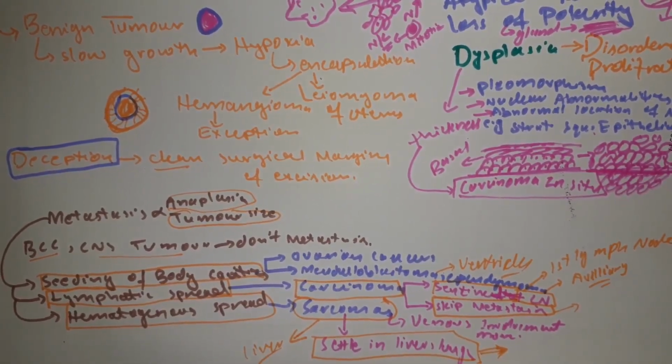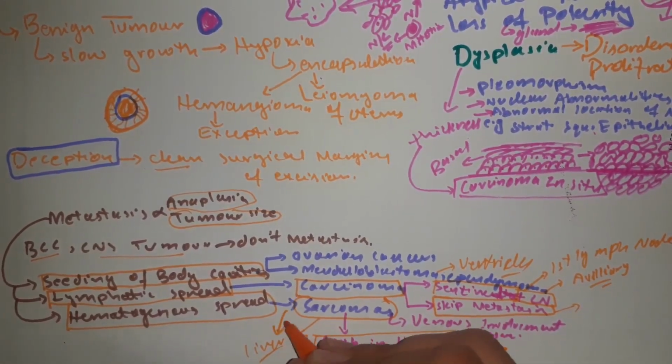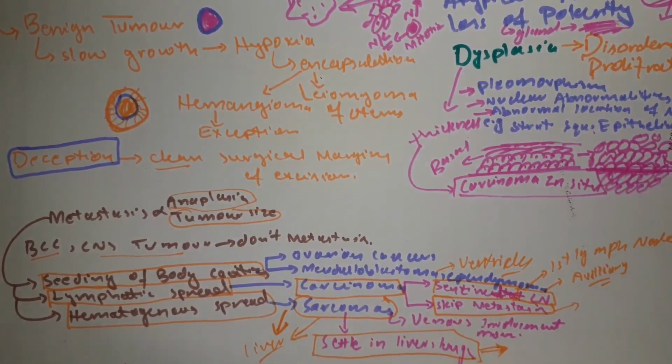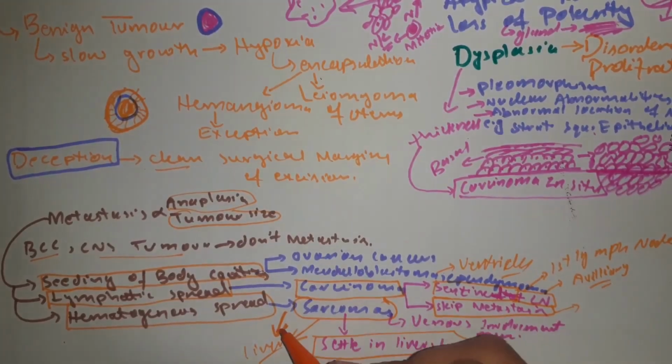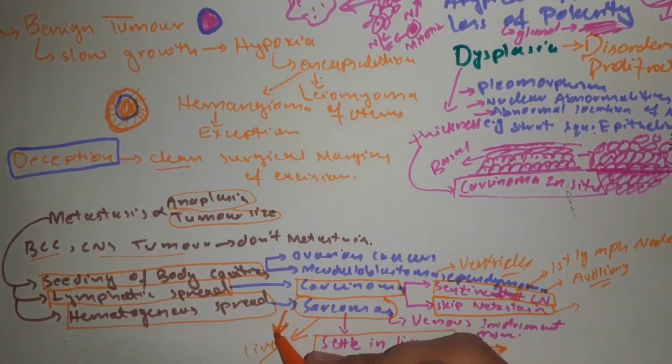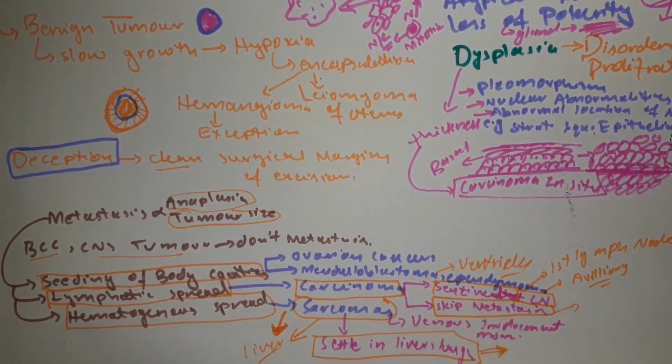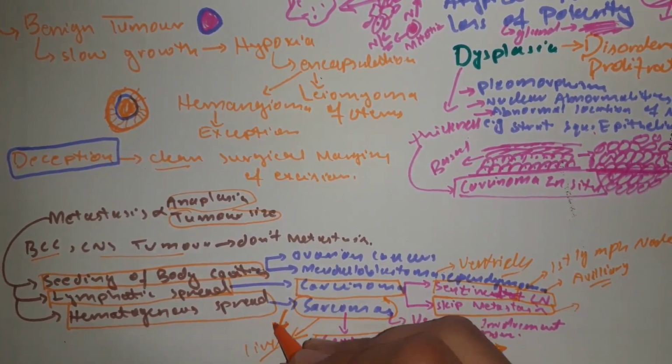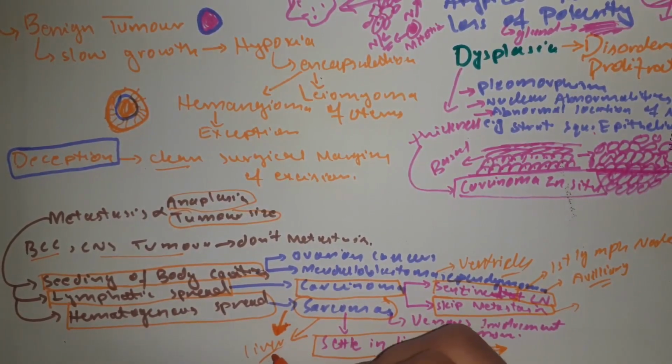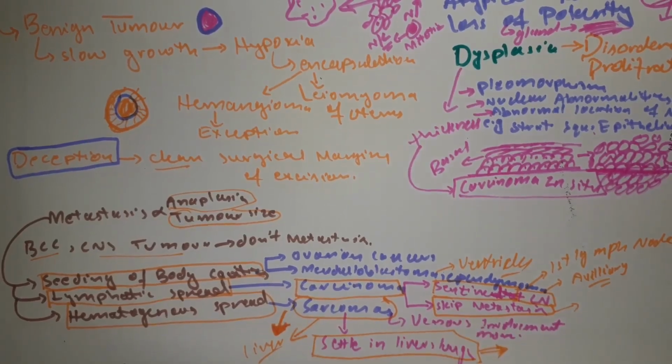Supposedly a carcinoma or tumor originating from the GIT invades the blood vessels of the GIT, which drain into the liver, and its metastatic tumor cells settle into the liver.